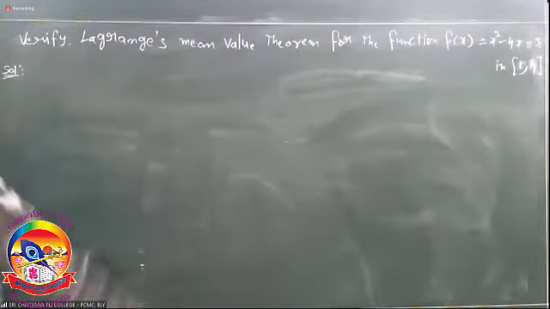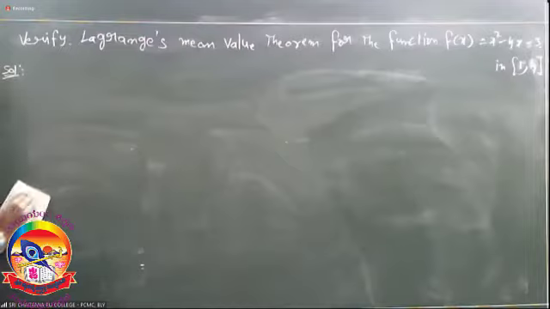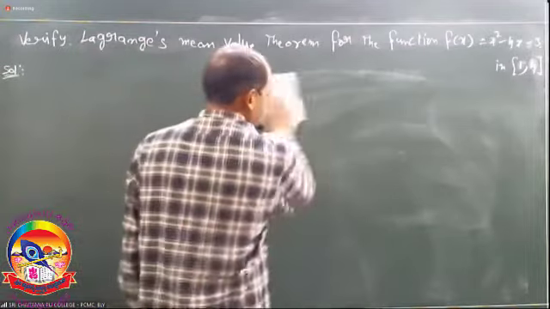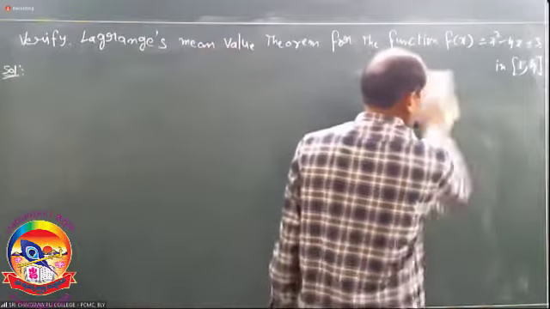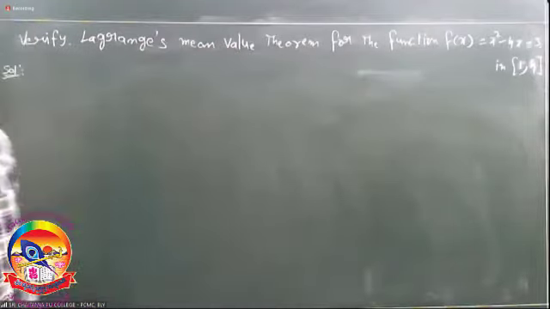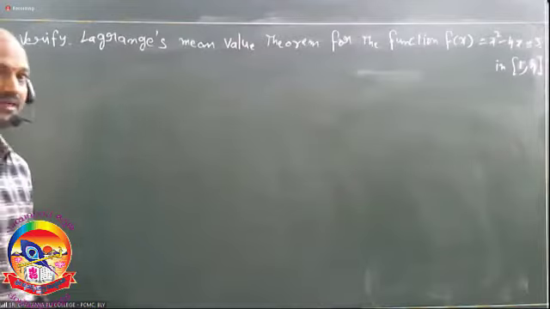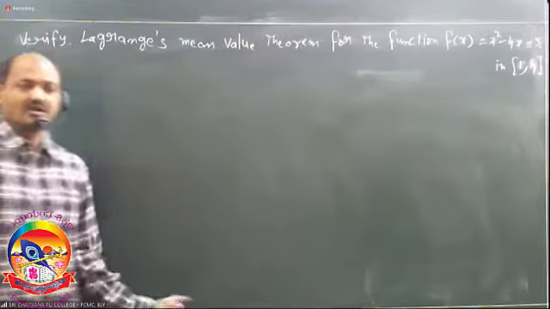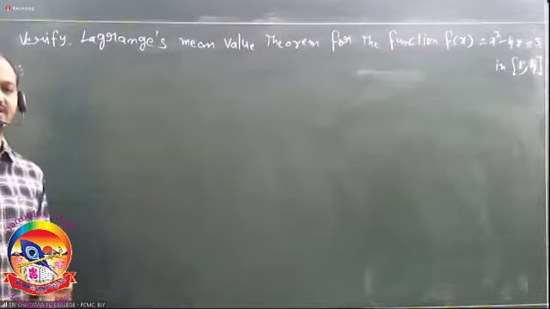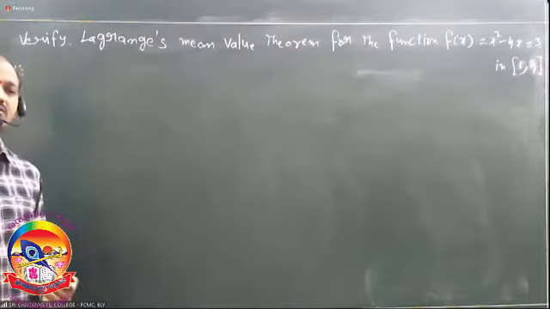It is Lagrange's mean value theorem. Lagrange's mean value theorem has only two conditions: first, continuous; second, differentiable. No need for the other condition, that is f of a equal to f of b. That is for Rolle's theorem. For Lagrange's mean value theorem, first continuous and differentiable. If both are satisfied, then go to find the C value.